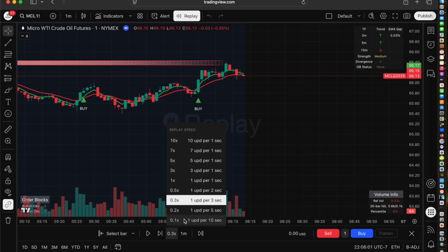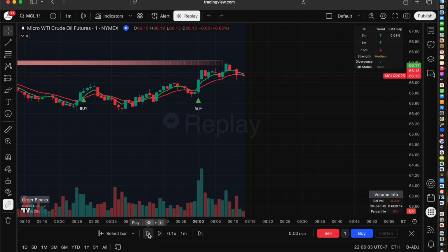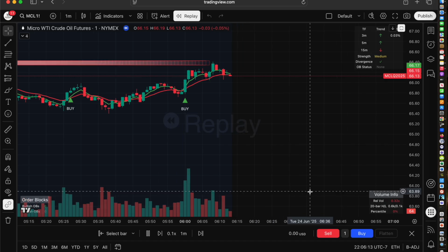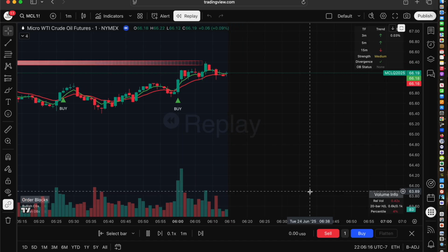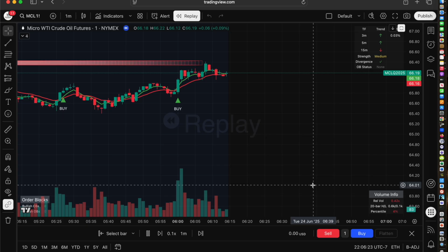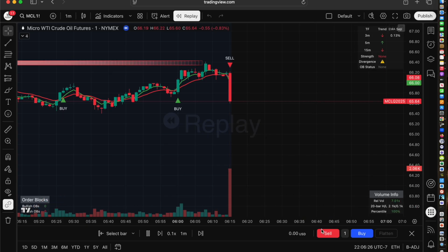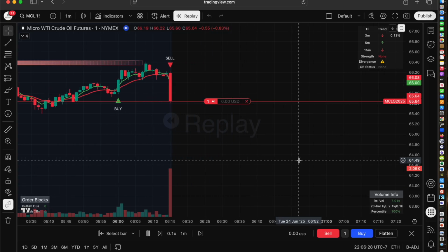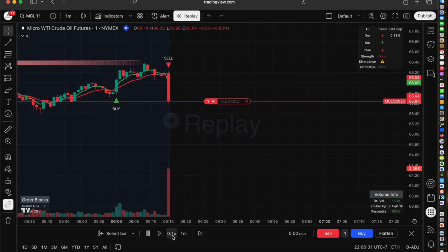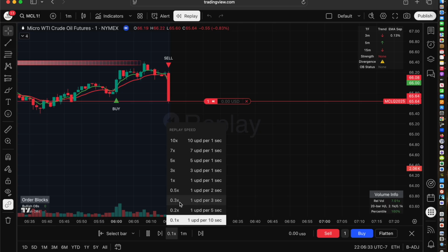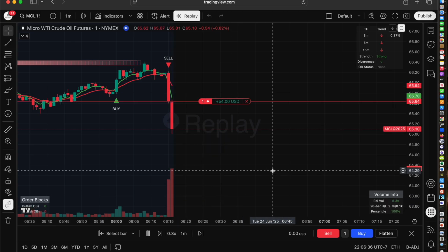So if I slow it down to 0.1x. There you go, sell. And then we can speed it up a little now and see where we would be exiting.